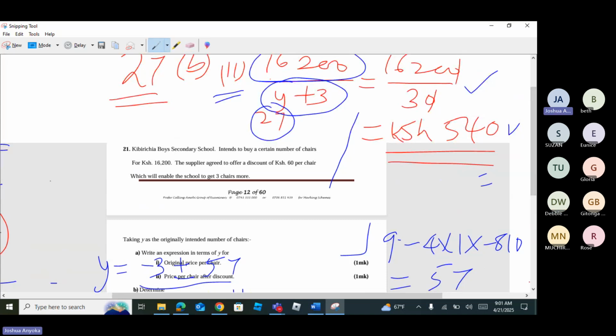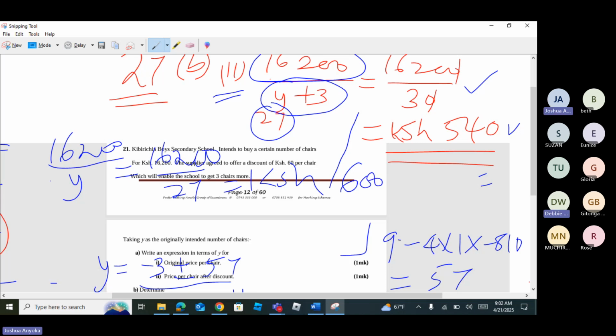The original price per chair would be the total amount 16,200 over y. But now we are using y as 27. So what is the amount of money before discount? It is 600. That is the original price per chair.